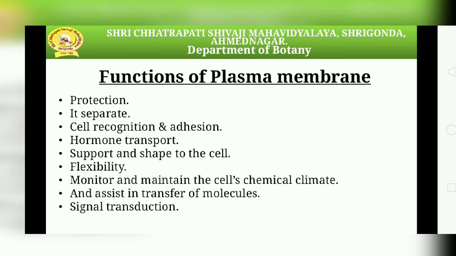Lipids in the cell membrane provide flexibility. Proteins in the cell membrane help to monitor and maintain the cell's chemical climate, and also assist in the transfer of molecules across the membrane. It also does signal transduction. So these are some functions of the plasma membrane.